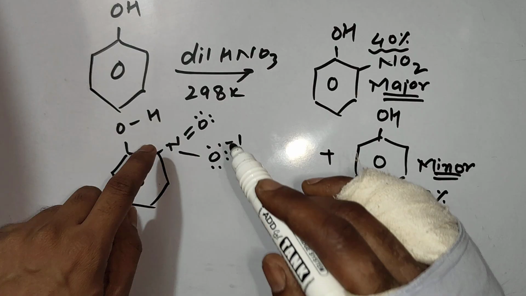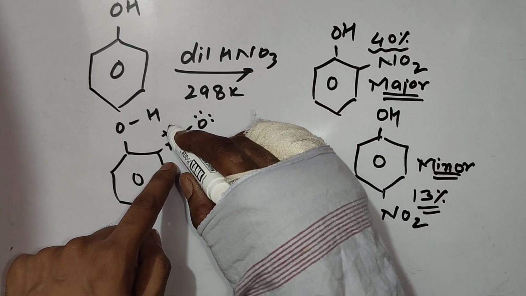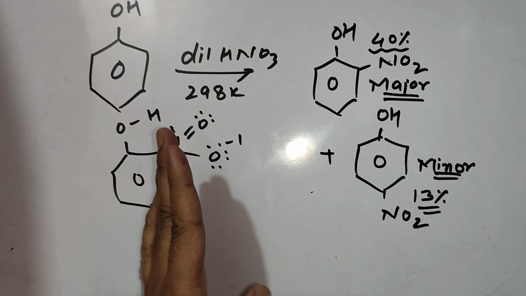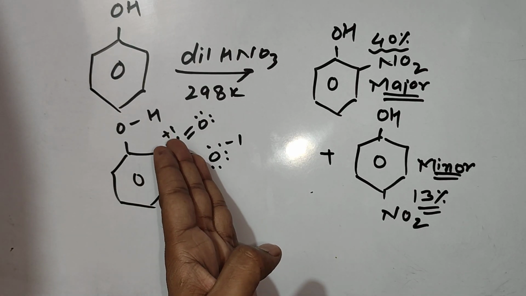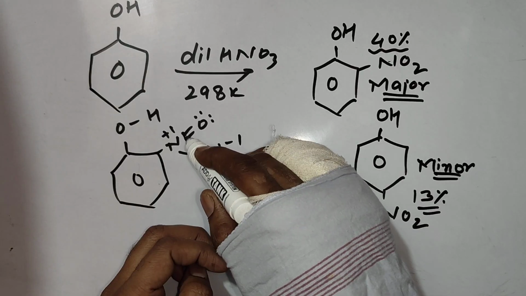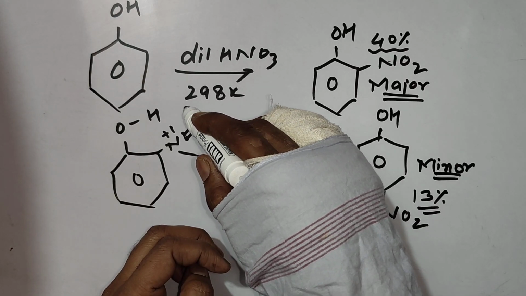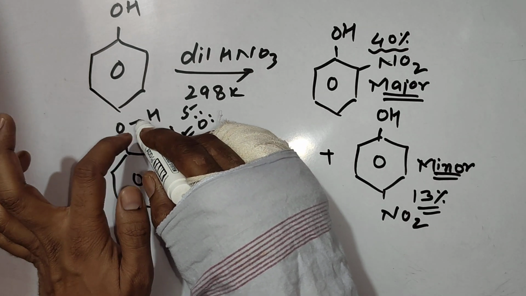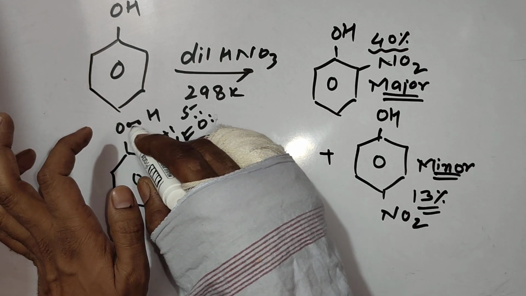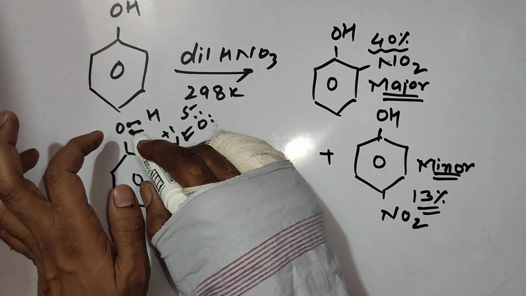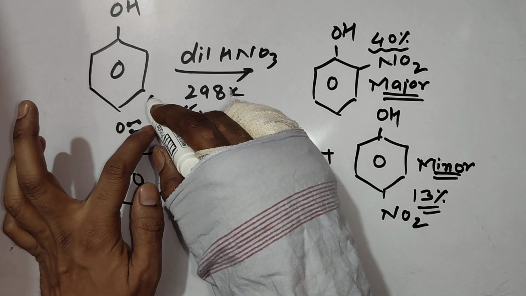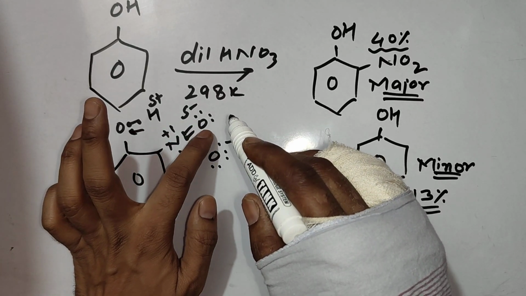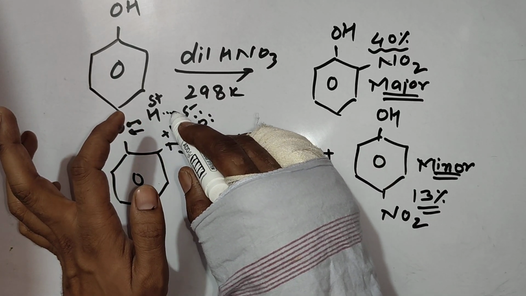Actually, what is happening? As you know, this oxygen is more electronegative than nitrogen. So these electrons are a little toward the oxygen side, means this oxygen is negatively charged. And here this hydrogen is positively charged because this hydrogen is less electronegative than oxygen, so electrons are shifted toward the oxygen side. That's why it is carrying positive charge. This positively charged hydrogen is attracted by this negatively charged oxygen, like this.